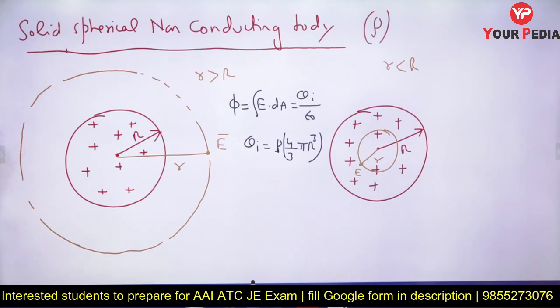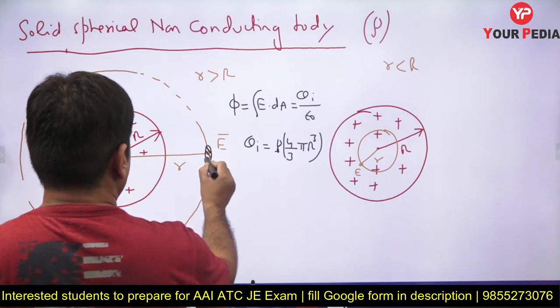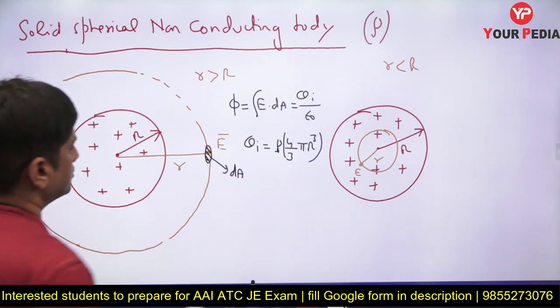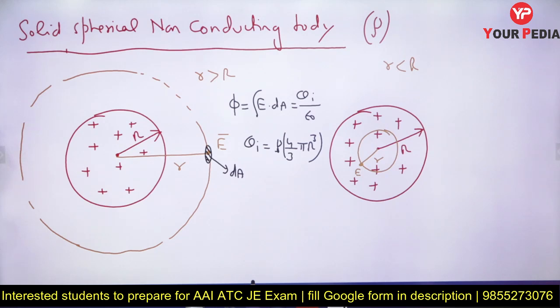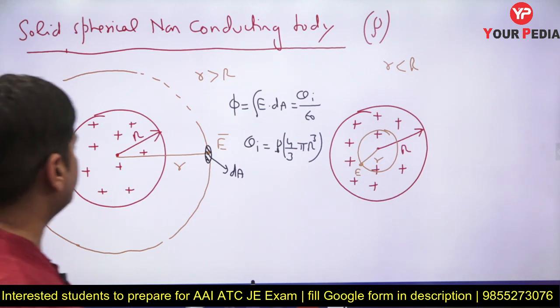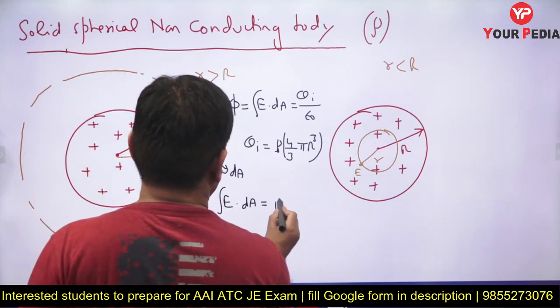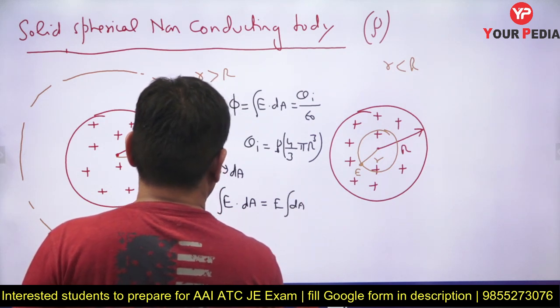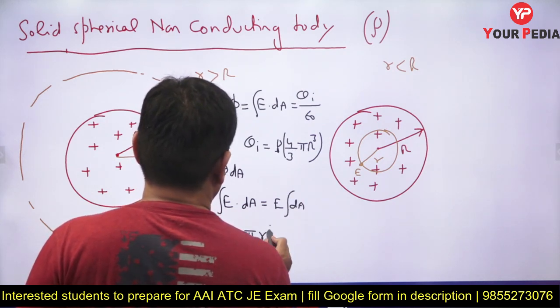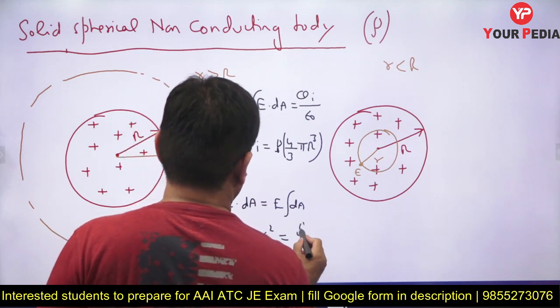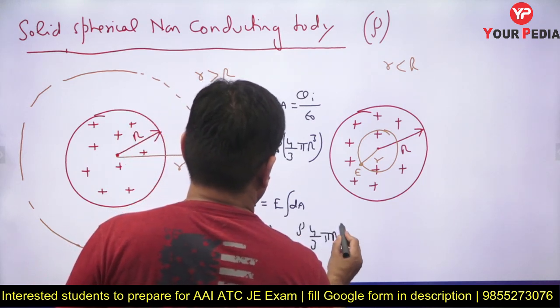Okay, and suppose I want to find out now the surface area here. Let us say this is dA. This is the surface area dA. So the moment I take the surface area of this particular body, if I take E into dA, E will come out common everywhere. So E into 4 pi r square is equal to rho 4 by 3 pi r cube over epsilon naught.